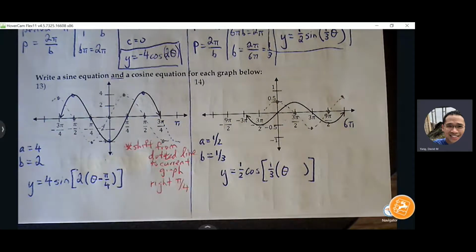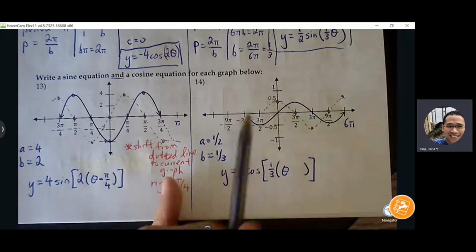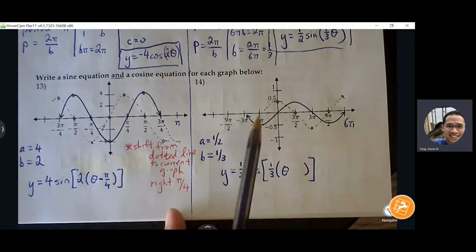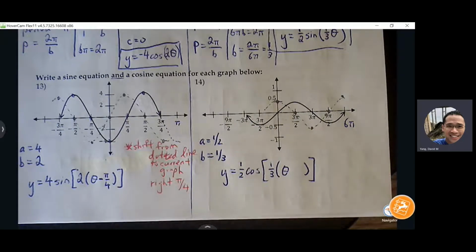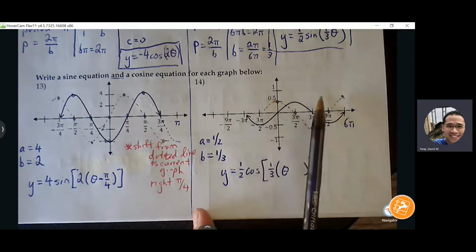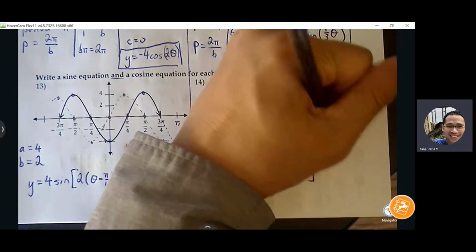So remember, you're starting at the dotted line and you're moving the dotted line, okay? You're not starting from the solid to the dotted. So you're sitting in the location of the dotted line. What can I do with the dotted line to make it turn into the solid line? Good. You move it to the right by what? 3/2. Good. So let's write that down.